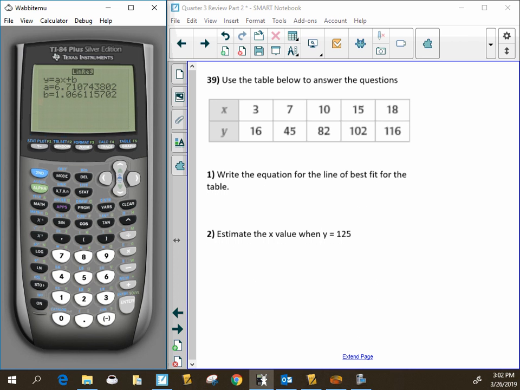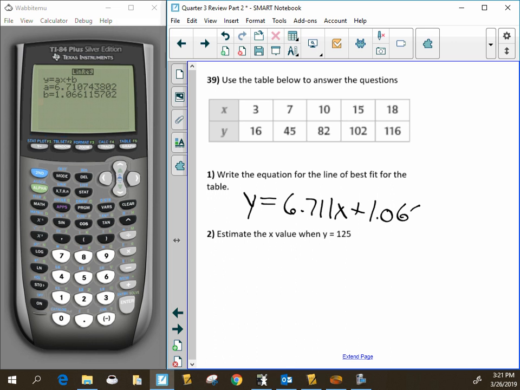And so once we got that, we have that. So here we have our equation. So the equation of best fit is y equals 6.711x plus 1.066. And so then you're just going to go y equals 6.711 times 125 plus 1.066.